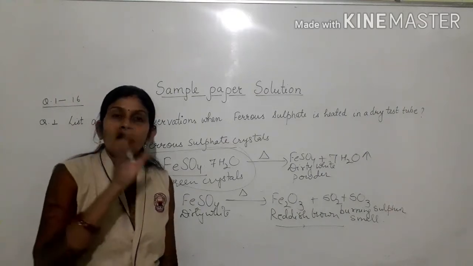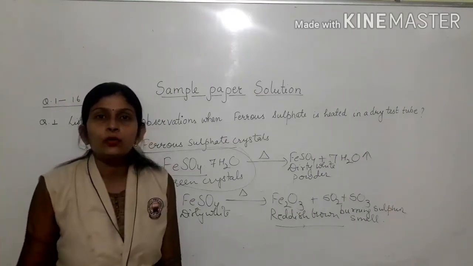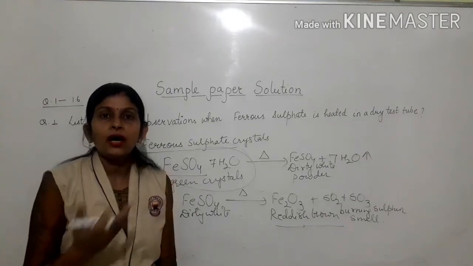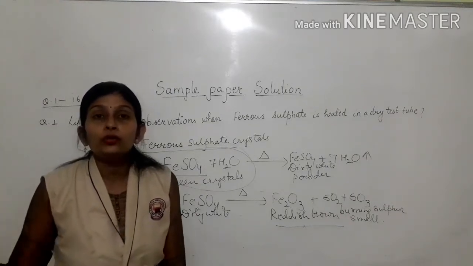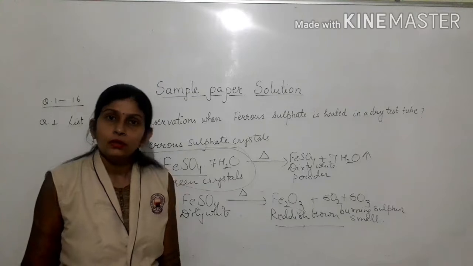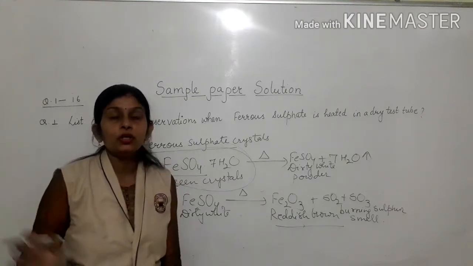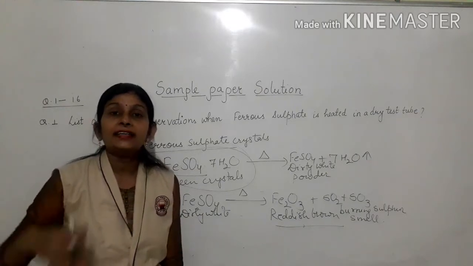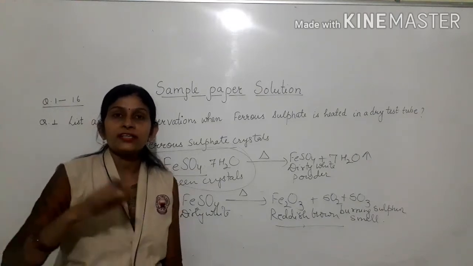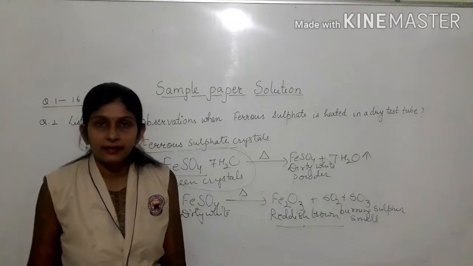Means how are you taking that question? How are you reading or going through that question? Okay, that is very important. So first read the question, go through the question and then think upon it. Means what is the chemical reaction or reason behind it.